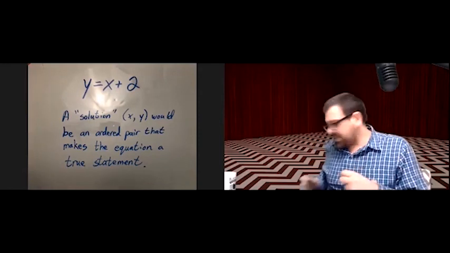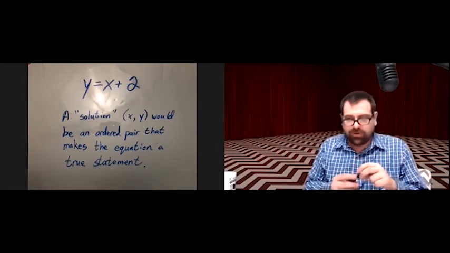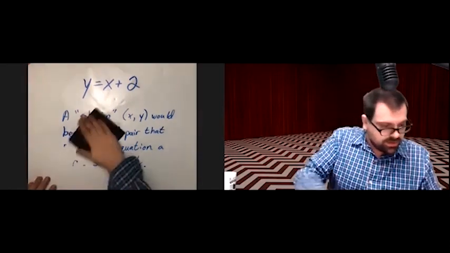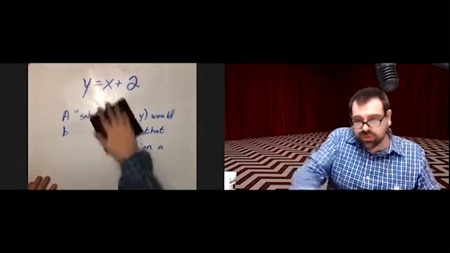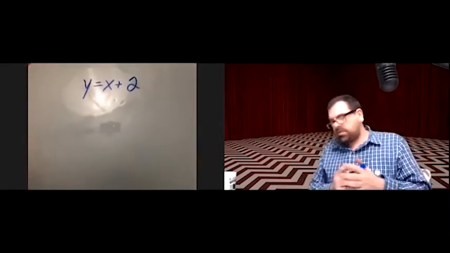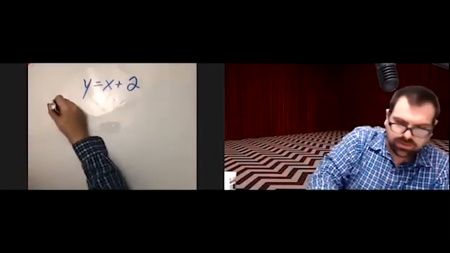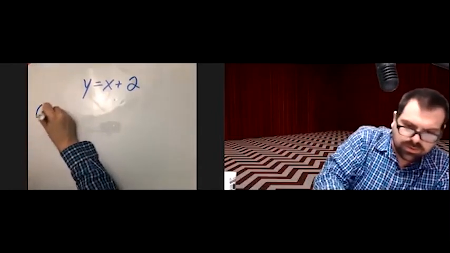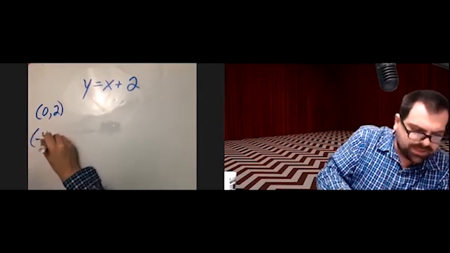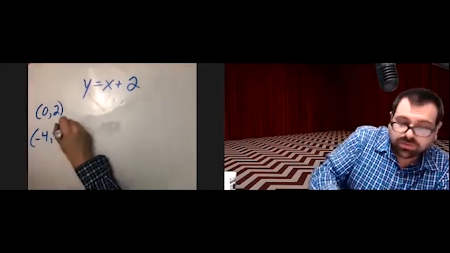So let's test out a few possible ordered pairs and see if they are solutions to this equation. Let's test 0, 2. Let's test -4, -2.